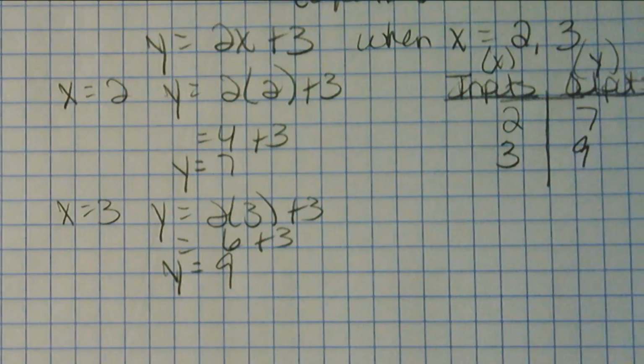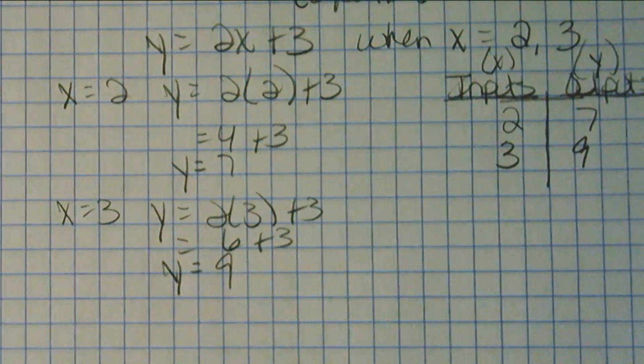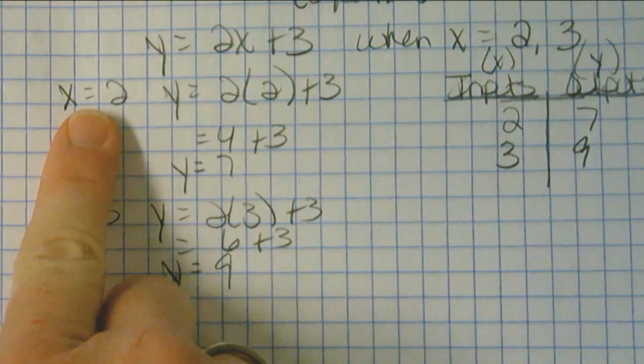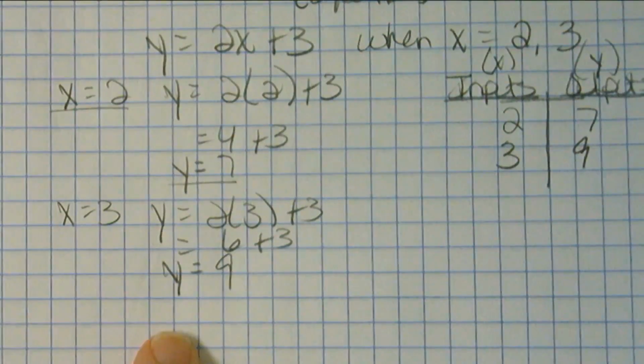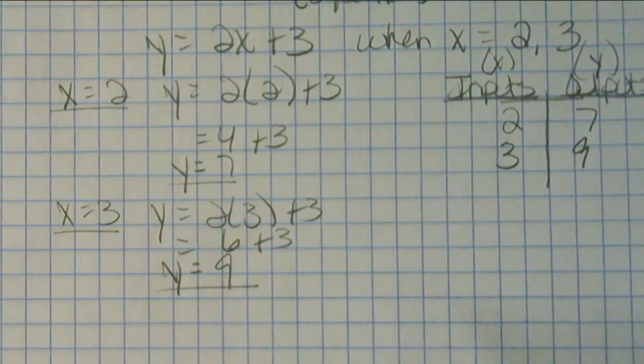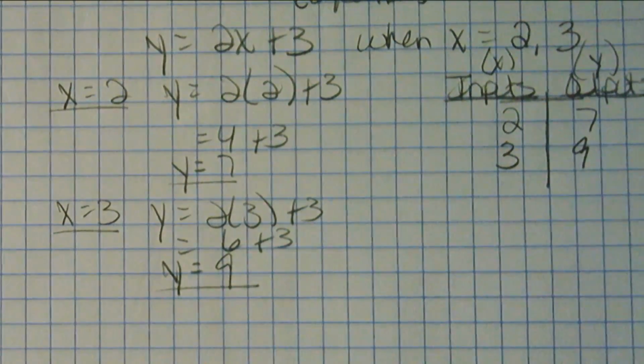Now, if they don't have you make a table, you don't have to. But I do have to know which input, like I did here. I wrote my input x equals 2, and then I did the math for it, and I see what my y is. So I do need you being organized, because if you're using more than one input to get your output, you have to stay organized so I know which goes with which. Does that make sense to you guys? Okay, so let's do a couple more here.